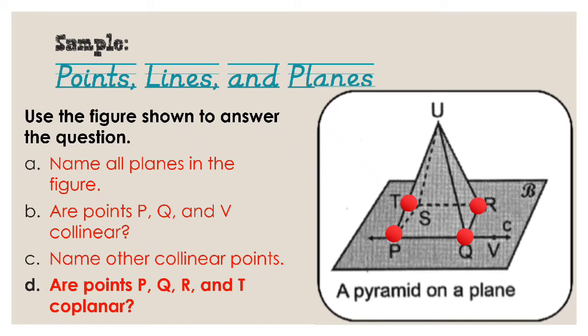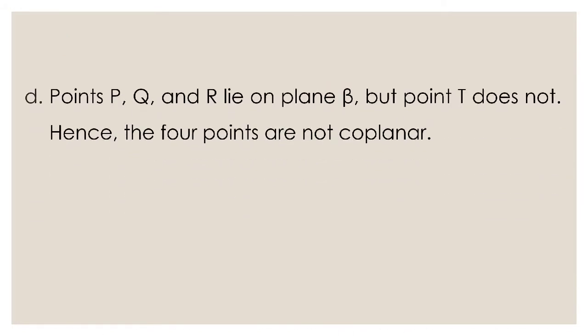Are they lying on the same plane? Let us check if your answer is correct. Points P, Q, and R lie on plane beta, but point T does not. Hence, the 4 points are not coplanar. So that is the answer for task number 4. Did you get it right?